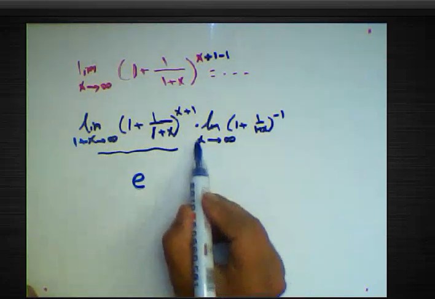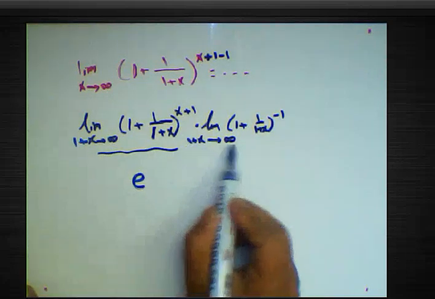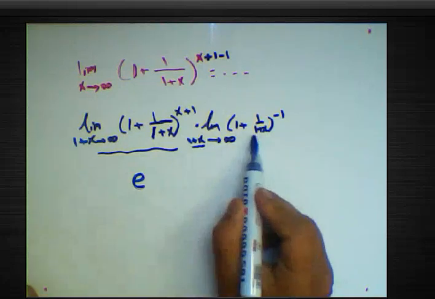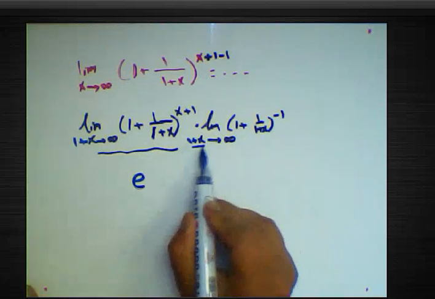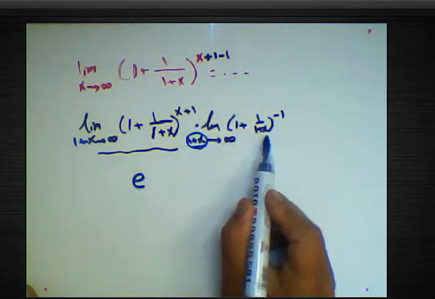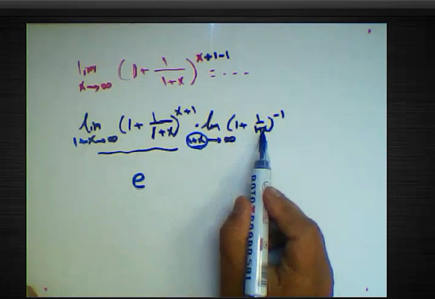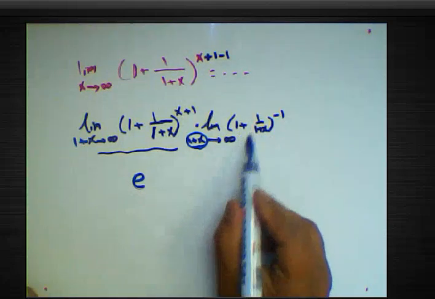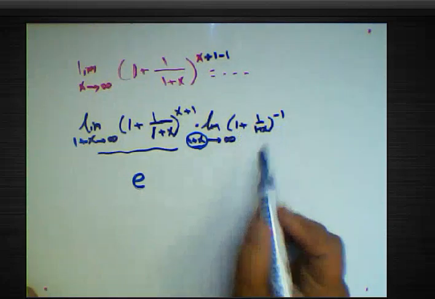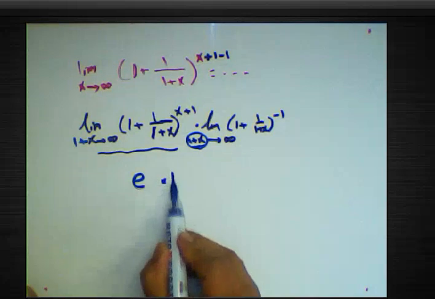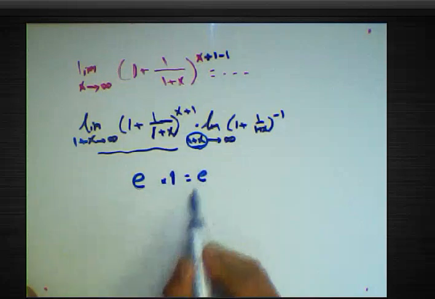And here, for the second function, put x equal infinity in the base: 1 over infinity equals 0, 0 plus 1 equals 1, and 1 to the power negative 1 is 1. So the result will be e multiplied by 1, which is e.